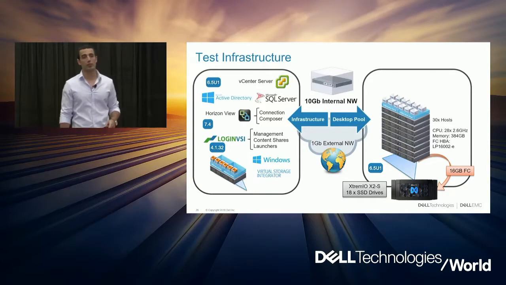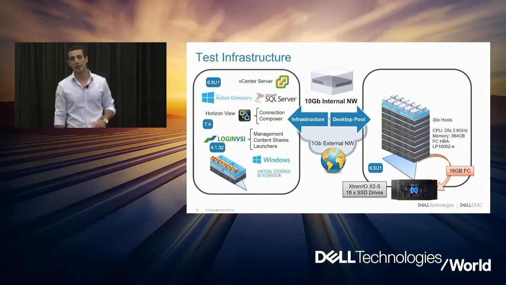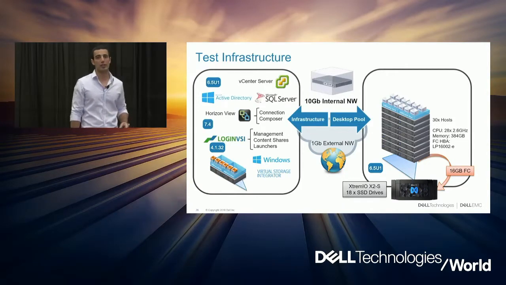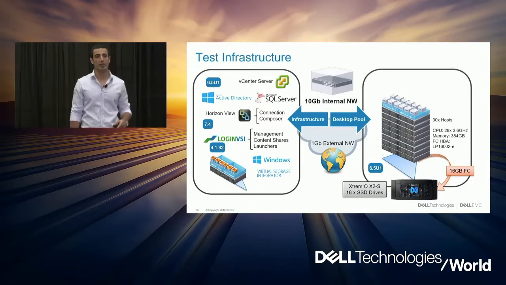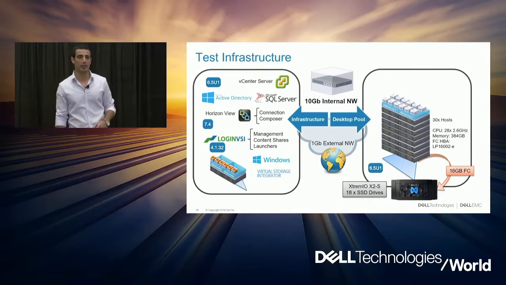In addition, we've used the Virtual Storage Integrator, a free tool provided by Dell EMC that allows us to integrate with the storage directly from the vSphere web client, and by that do a lot of daily tasks directly from the vSphere web client. We will elaborate on this in the next slides.